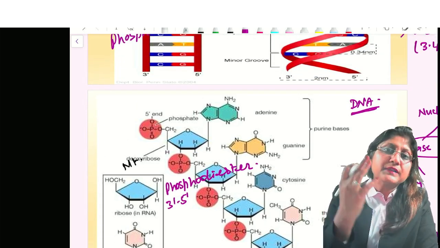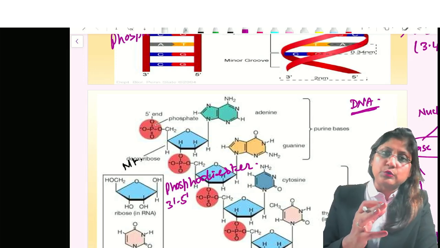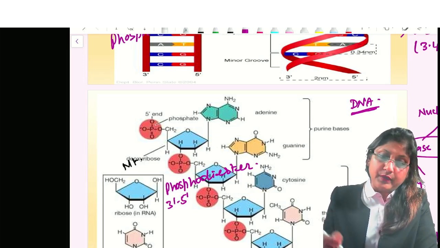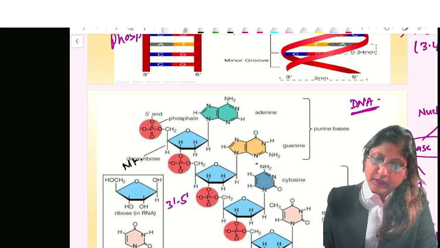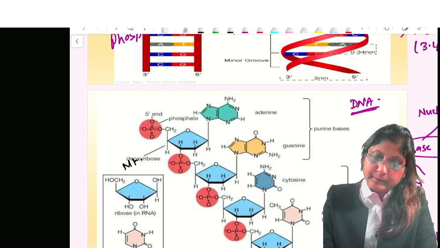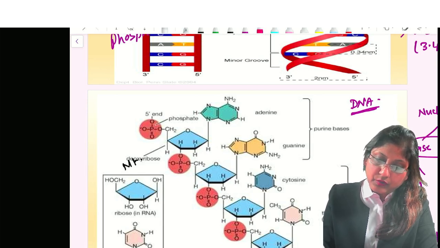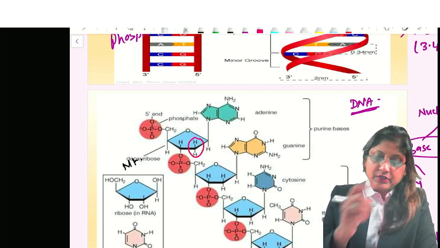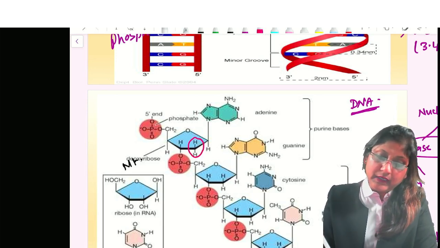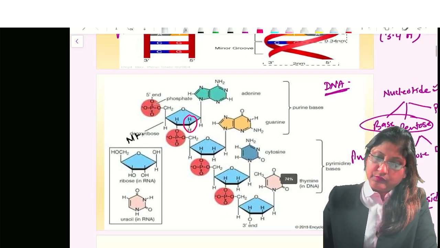If projected to you, you must identify where is the base, where is the pentose, and what sort of pentose is there. In this picture, it is certainly deoxyribose, because the pentose is not having oxygen at the second carbon position, right?